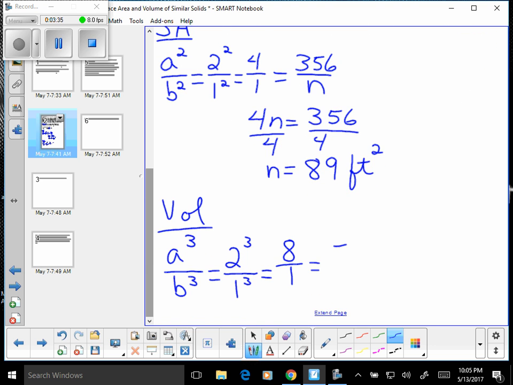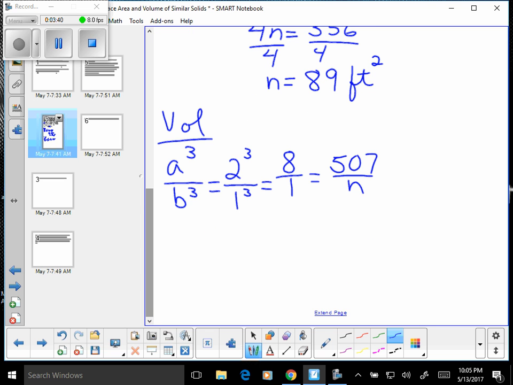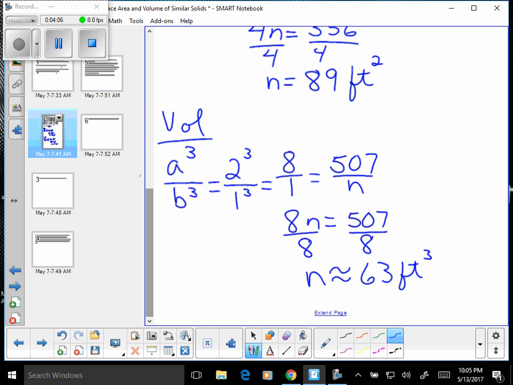And again, that's going to go in my top position, 507 over n. Now again, I do cross product. Note I have a one-step multiplication equation, so I will divide both sides by 8. And my answer here, I'm going to get an approximation. They will usually tell you to go to the nearest unit. 63 feet cubed.